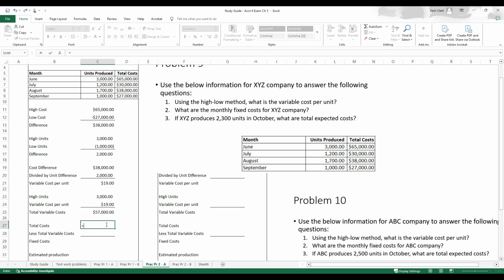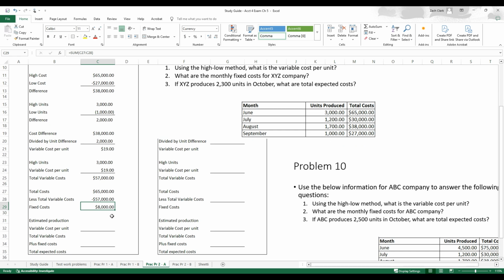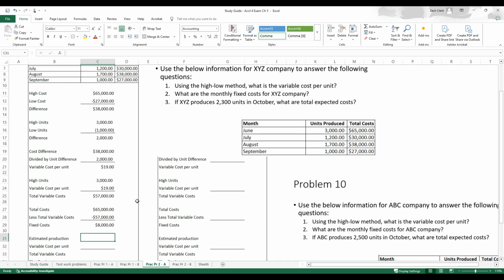Oh, sorry, I should do this. Total cost is $65,000, and then less the variable costs gets us fixed cost of $8,000.